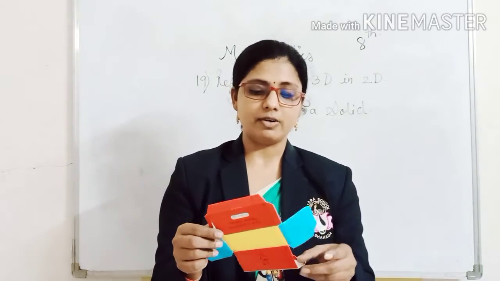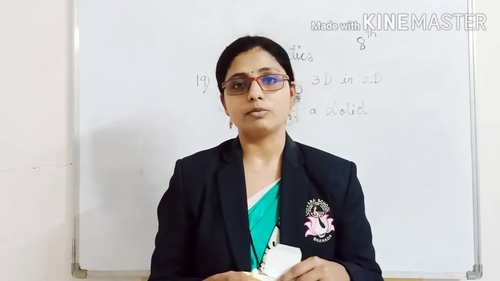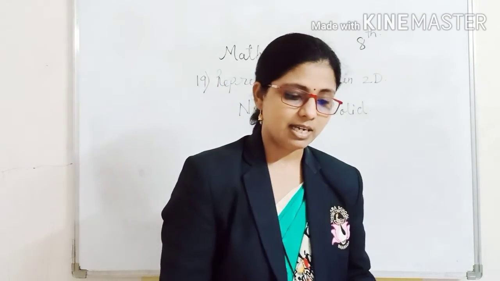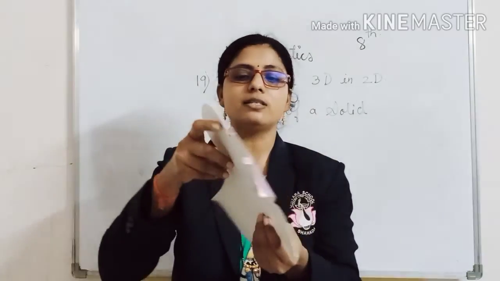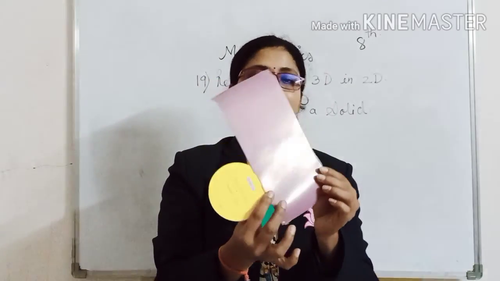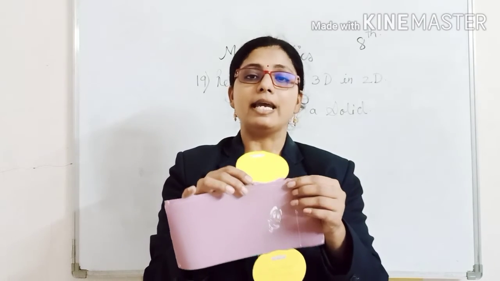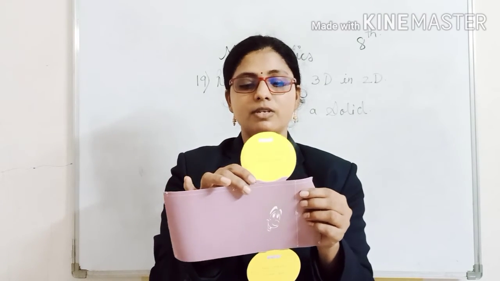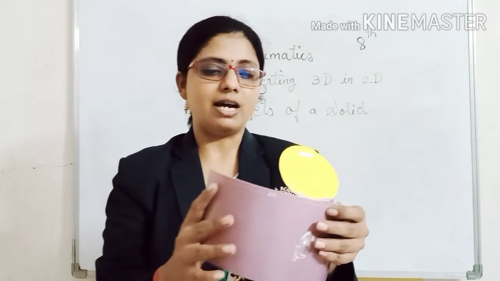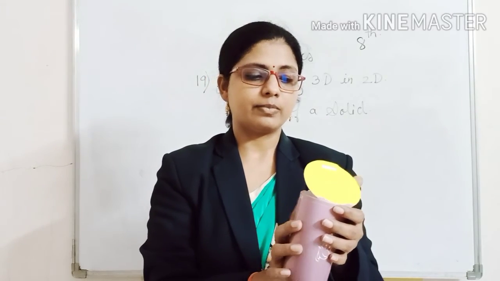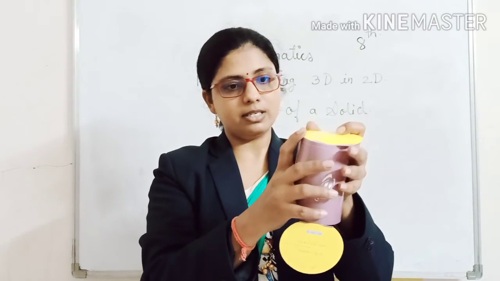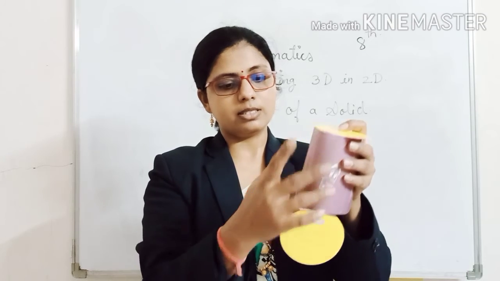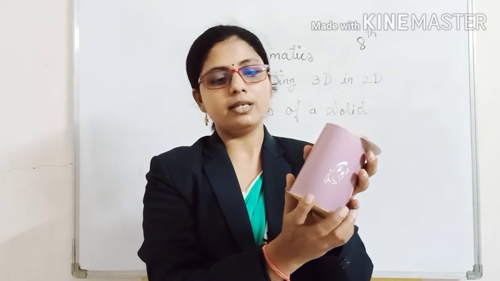Here we have some more types of figures. Let us have a look. Can you guess which type of figure this is? From this figure we can guess this is a cylinder. If I fold this and cover both circles, what is it forming?